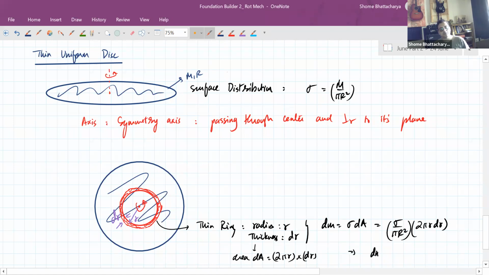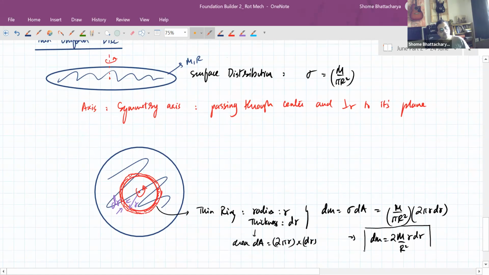So dm can be written as sigma into dA, so m upon pi R square into 2 pi r dr. This will become 2m upon capital R square into r dr. So this is what we'll substitute as the mass of that thin ring.